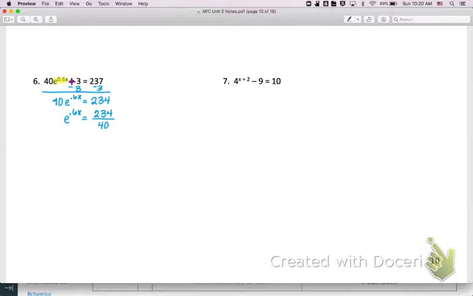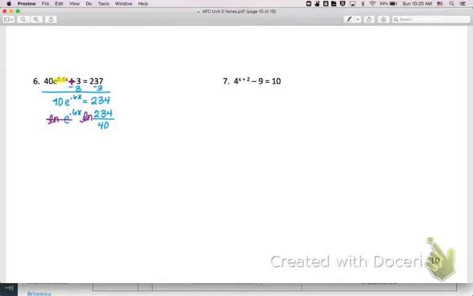Now this one is nice because it's base e, which means when we take our natural log, we don't actually need to use our exponent property because the natural log is going to undo the base e. So we're going to take the natural log of this side and the natural log of this side.